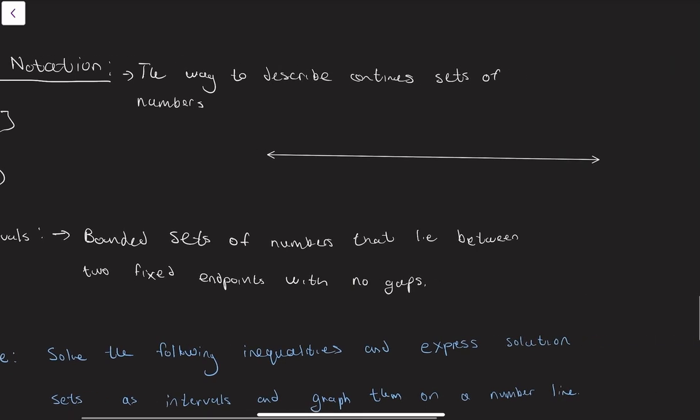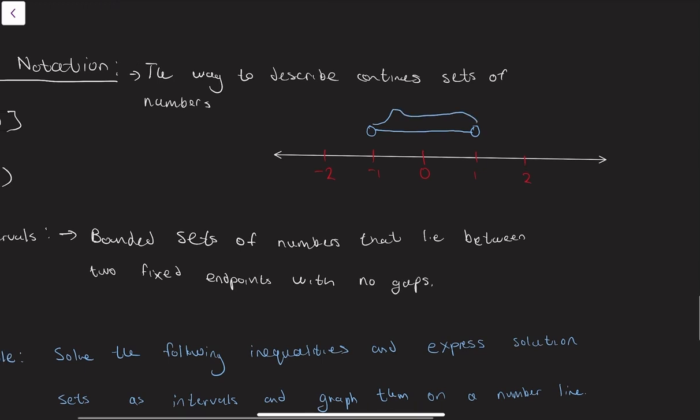Let's go to the number line. Let's write down some integers. Let's say we want to represent the numbers in this interval. This would be all the real numbers between -1 and 1.